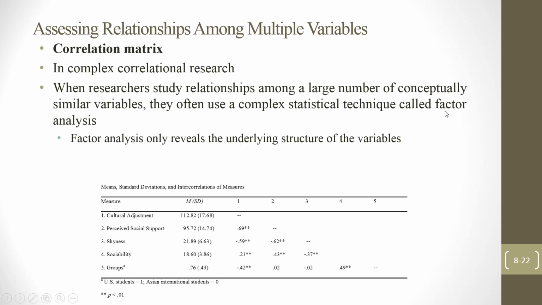In other words, it will put all the seemingly related variables together. A good example is the Big Five personality traits. After a lot of analysis, we find a lot of terms describing people can be grouped into five factors, and that is the work of factor analysis.